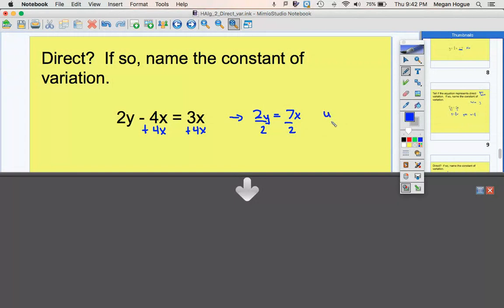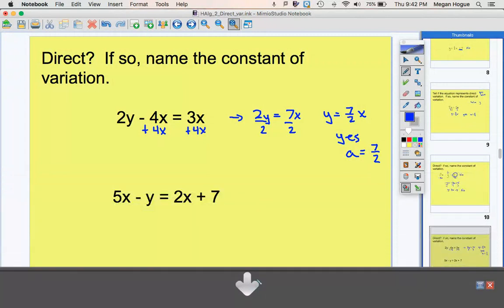Oh, it looks like it's going to be, and it is, y equals 7 over 2 x. So my answer is yes. A is 7 over 2. And just like when we're dealing with linear equations, because it is a linear equation, we want this to be improper because we want to be able to see that rise over run if we are going to lead to a graph.